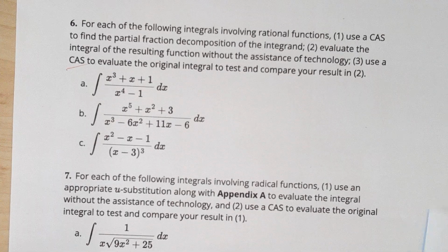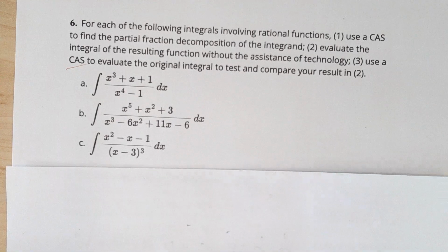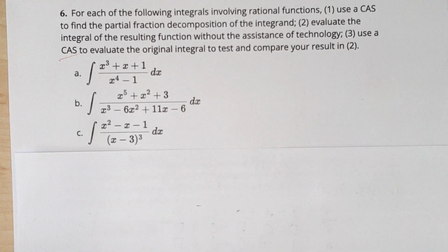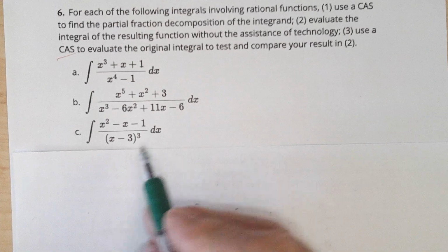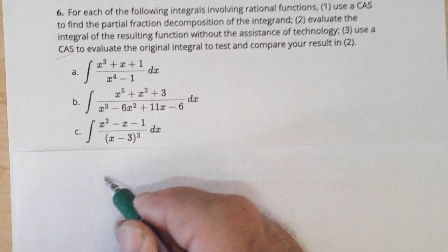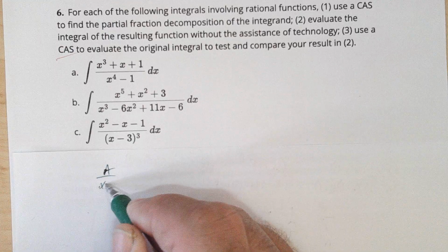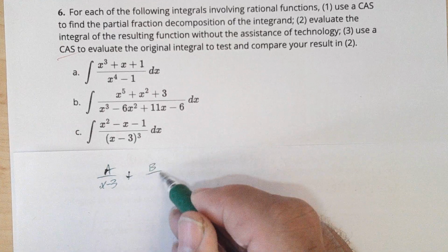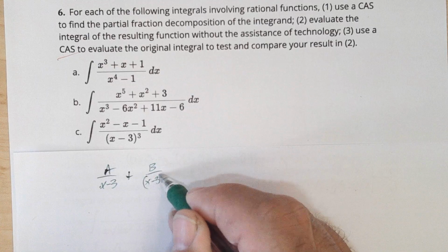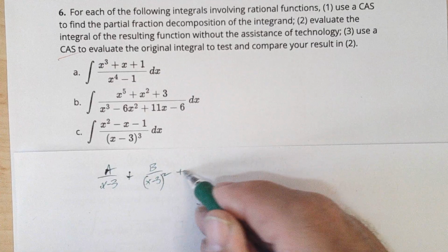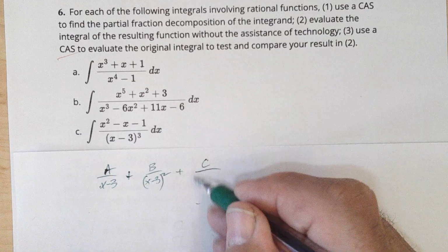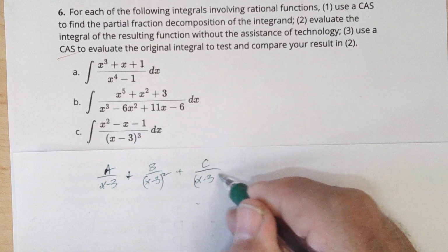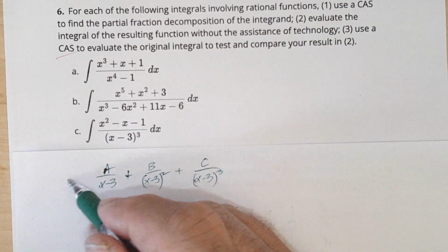And okay, let's do C. I'll do that one fairly quickly here, I think, because that's already factored. So we're going to have A over x minus 3, but it's a repeated, so it's B over x minus 3 squared plus C, and it's 3 times, so x minus 3 to the third.